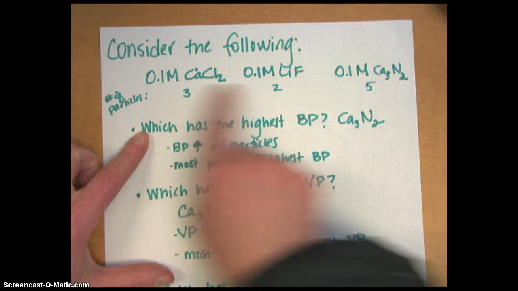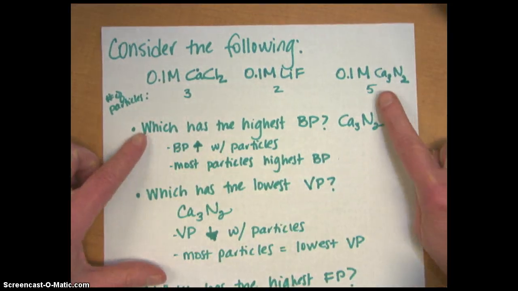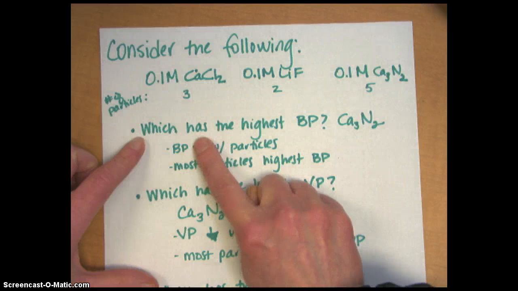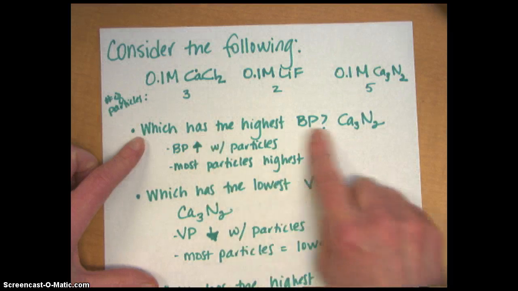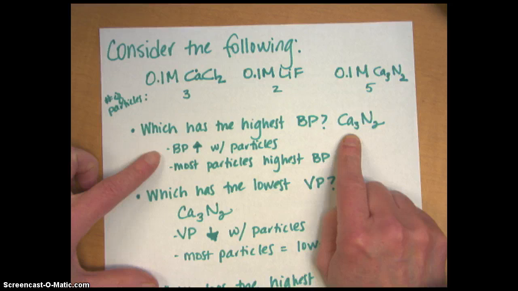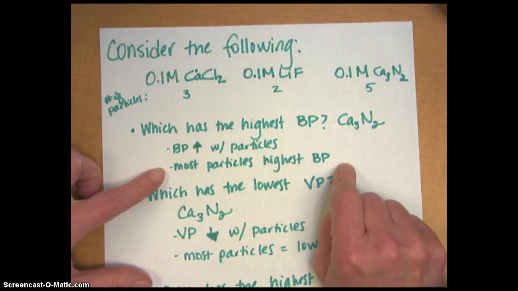So they all have the same number of moles per liter, but we can compare them just in terms of particles. If we wanted to know which has the highest boiling point, because calcium nitride has more particles, those particles are going to block the water from escaping, so you're going to have to put more energy in to get that water to boil, and you're going to have a higher boiling point.